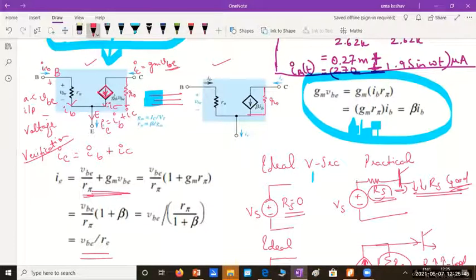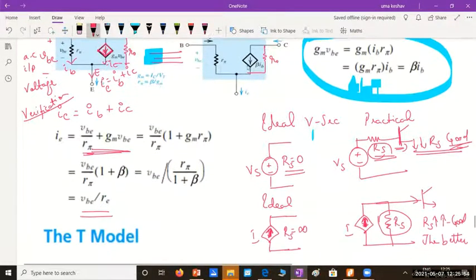But please remember, this R0 is chosen to be sufficiently high so that it will approximate the behavior of an ideal circuit. In an ideal current source, its parallel impedance should be as high as possible. So this R0 will be sufficiently high depending on the transistor.